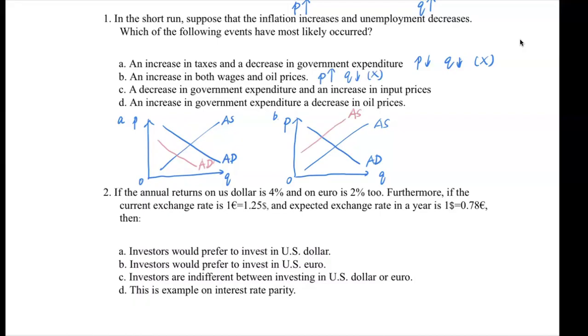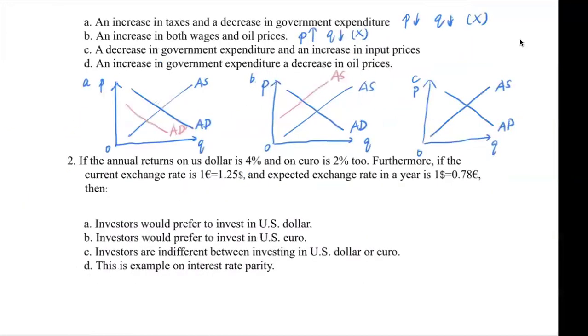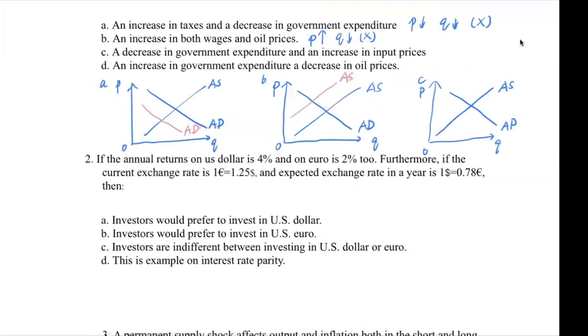Okay, for C, a decrease in government expenditure and an increase in input price. For C, draw it again. The decrease in government expenditure means the AD curve shifts left, and the increase in input price would shift the AS curve upward, because the input price increases.